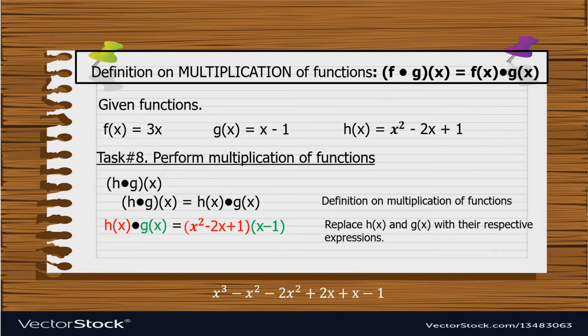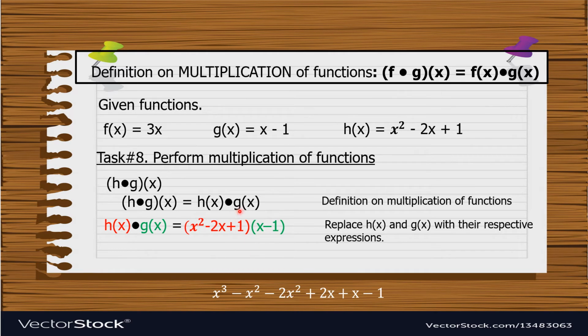Using distributive property over multiplication, x squared multiplied by x is x cubed. X squared multiplied by negative 1 is negative x squared. Negative 2x times x is negative 2x squared. Negative 2x times negative 1 is positive 2x.